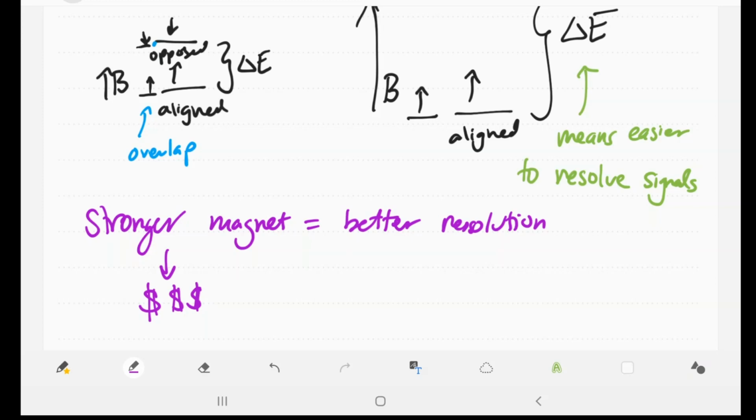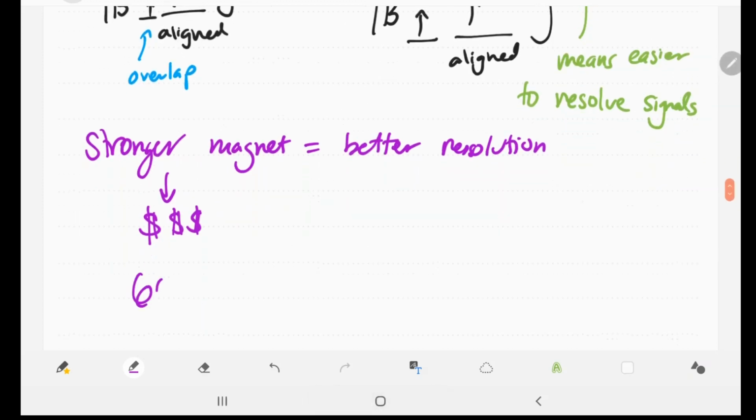And that's typically around 60 megahertz for your magnetic field for this. It's about like 1.5 Teslas is the magnetic field strength. This is about $80,000 or so. Very basic. You can really only ever look at hydrogen using this.